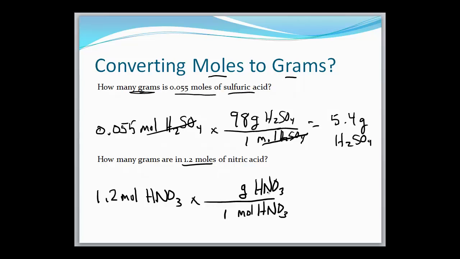Let's add up the molar mass. 1 plus 14 plus 3 times 16 gives us 63 grams of nitric acid. 1.2 times 63 gives us 75.6 grams of nitric acid.